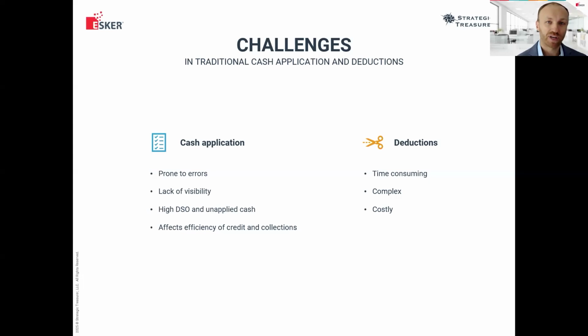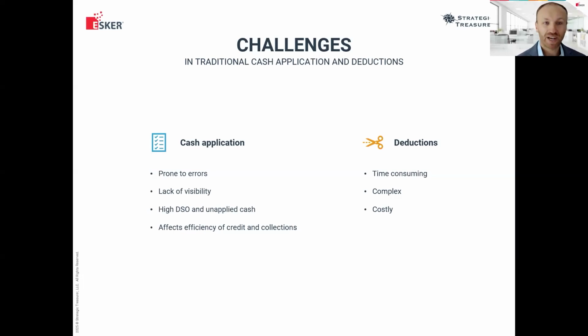So there's a lot of opportunity for errors if you're just doing this manually inside of an ERP system where payment comes in, maybe it's mismatched to the invoice, maybe it's incorrectly matched to a remittance. There's a lot of opportunity for errors within that process. And as we'll talk about in the future in this presentation, we'll talk a little bit about how that affects all different teams and all different processes when it comes to the cash conversion cycle.